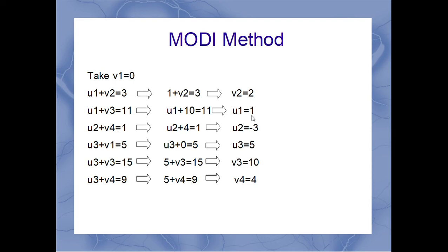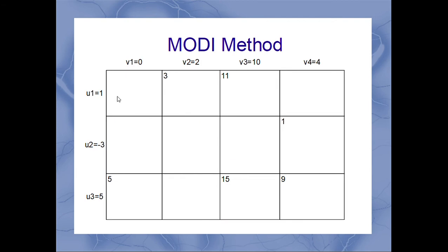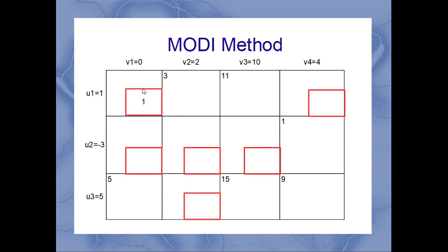Okay, after finding the values of these variables we will substitute all the values here, and similar to the previous steps we will find the values for the empty cells. Okay, for the empty cells we are finding the value. So here this is 0 and u1 equals 1, so 1 plus 0 equals 1, and here u1 equals 1 and v4 equals 4, so 1 plus 4 equals 5.